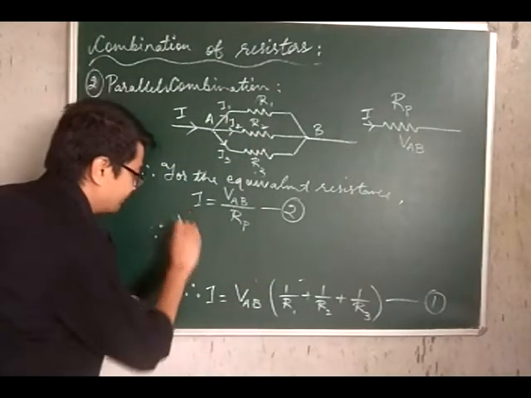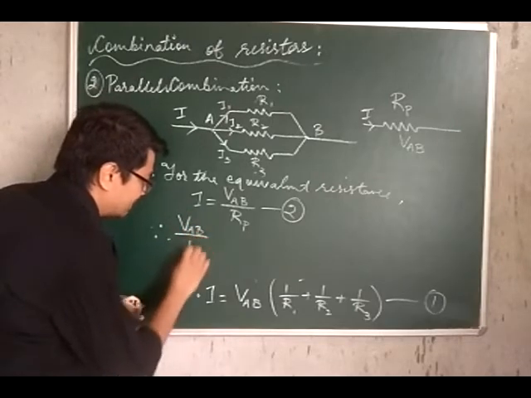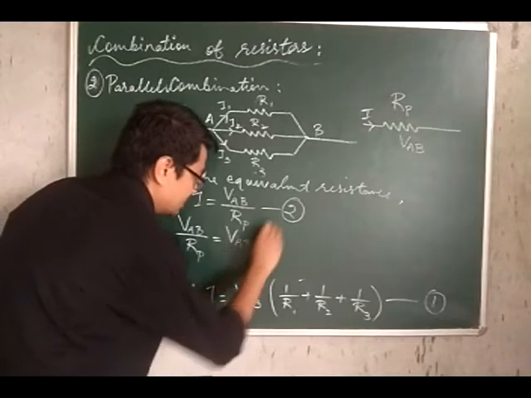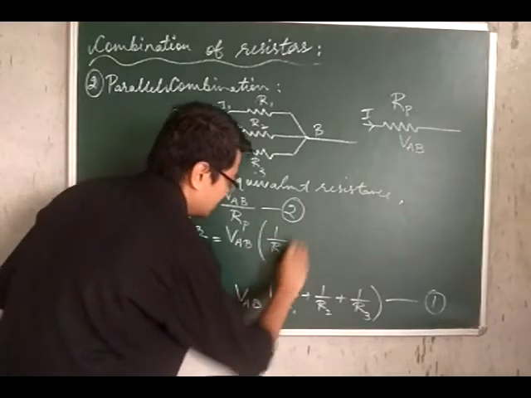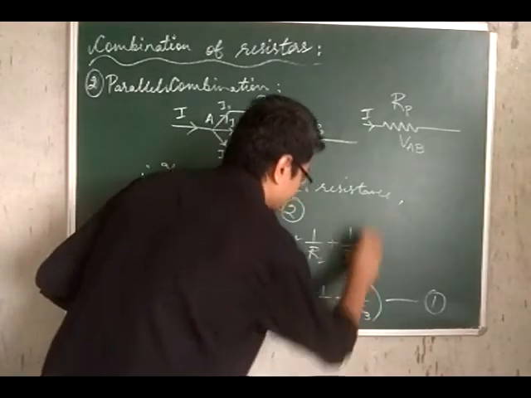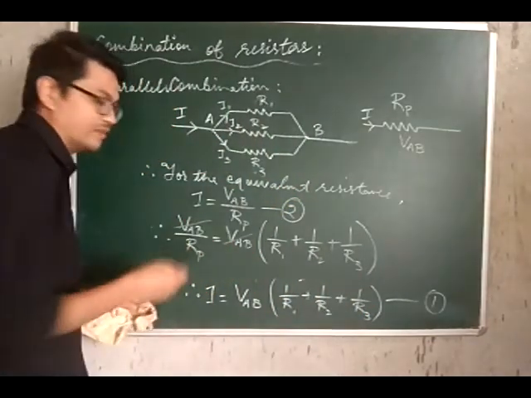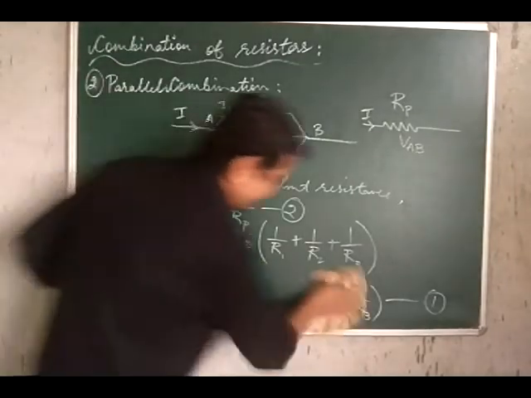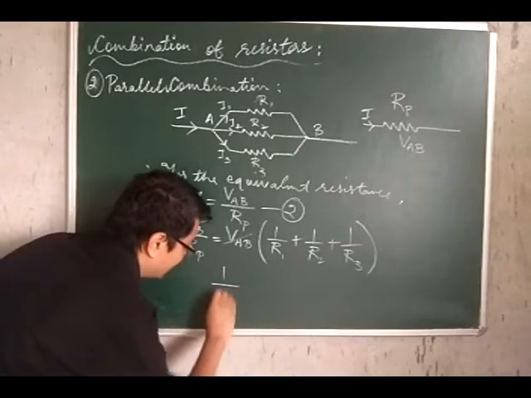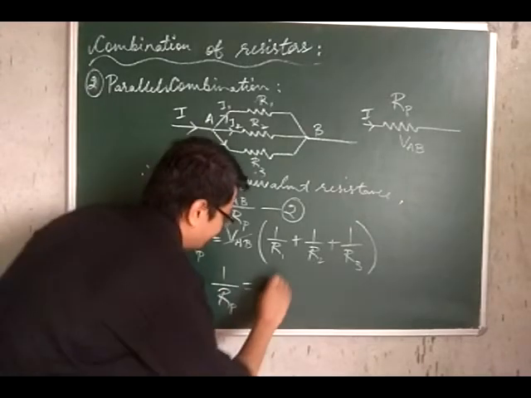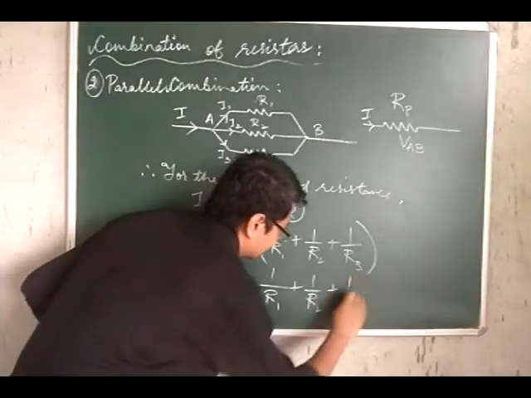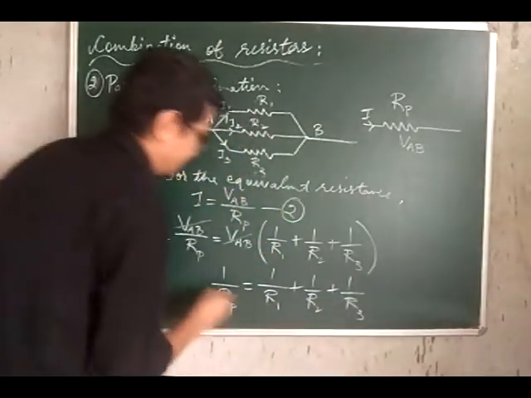We get VAB divided by RP is equal to VAB into 1 by R1 plus 1 by R2 plus 1 by R3. VAB divides out, and for parallel combination of resistors we get 1 by RP is 1 by R1 plus 1 by R2 plus 1 by R3.